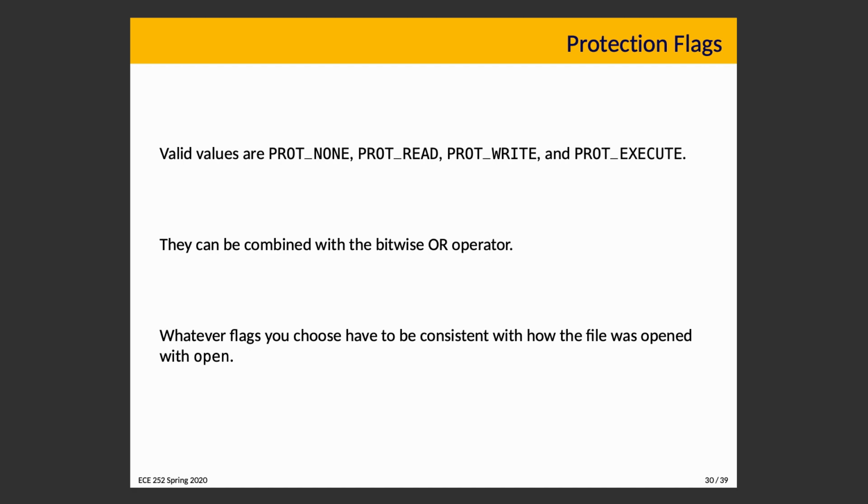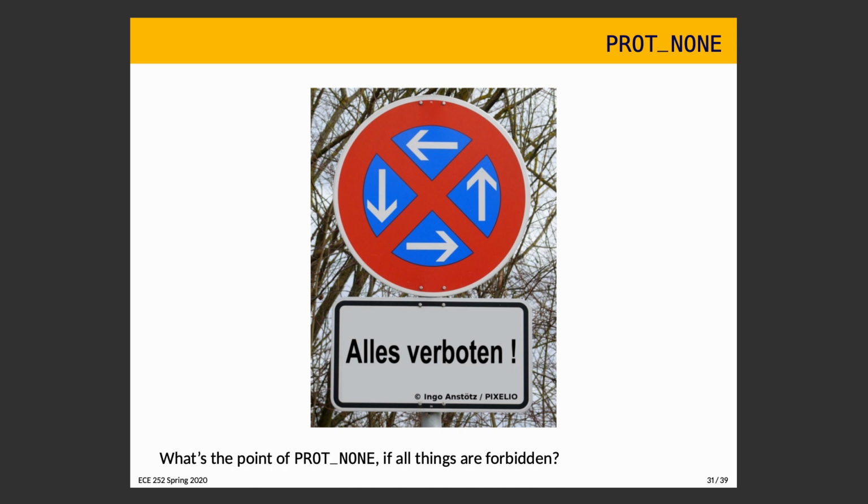And you might be thinking, who would ever want this? As the sign says, alles verboten, everything forbidden. What's the point of it? Well, if you want to, you can put guards at the start and the end of a region of memory. That means if a process accidentally goes out of bounds, you accidentally write off the end of the array, or you go before the beginning of the array, it generates a segmentation fault and enforces the rules and tells you immediately of the error.